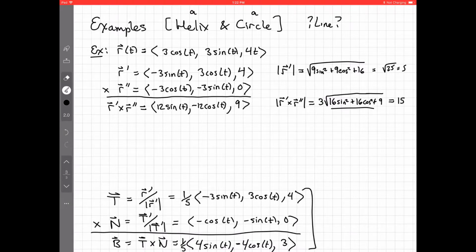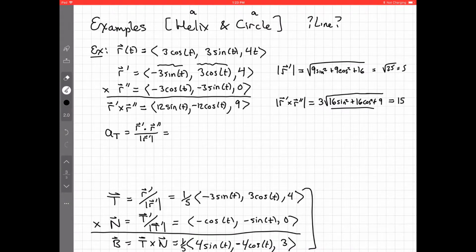So, now, putting this together, we know that the tangential component of acceleration is r prime dot r double prime over the length of r prime. So if we compute the dot product, notice that r prime dot r double prime, you end up with 9 sine cosine and minus 9 sine cosine.